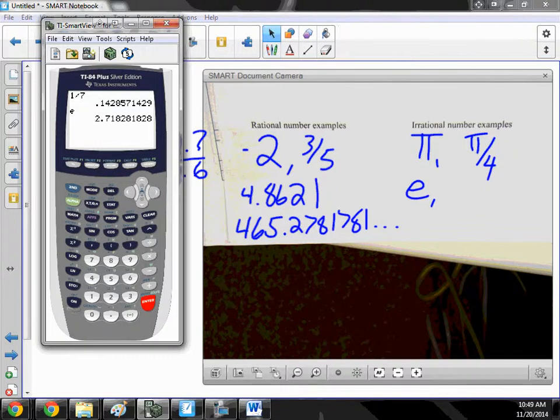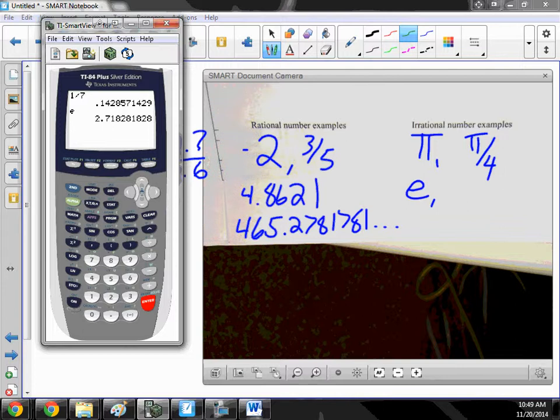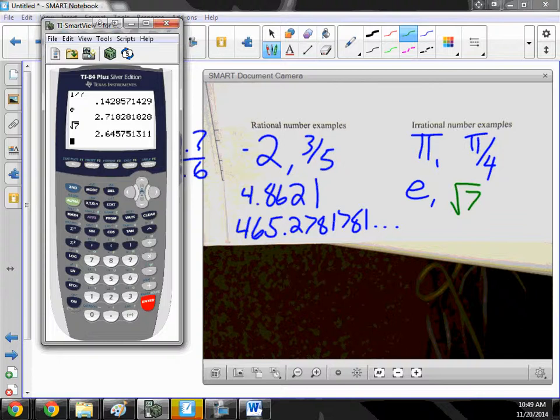Also, anytime you take a square root and it doesn't come out to be a whole number, like the square root of 7. Here is the one time you can trust your calculator for irrational numbers. If I do square root of 7, I'm telling you that this is guaranteed to be irrational. What square roots would not be irrational? Square root of 9.